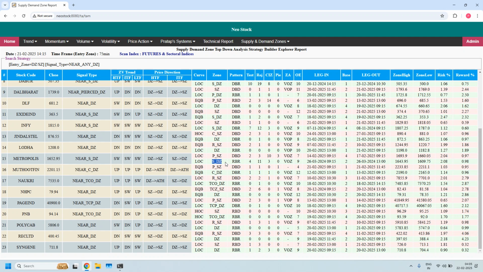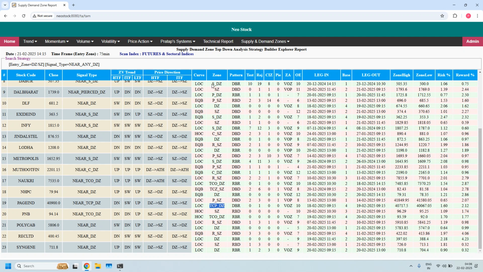Metropolis is having a high liquidity zone. Muthoot Finance is having a high liquidity zone. Page Industries is having a high liquidity zone. So total we identified 7 high liquidity zones.